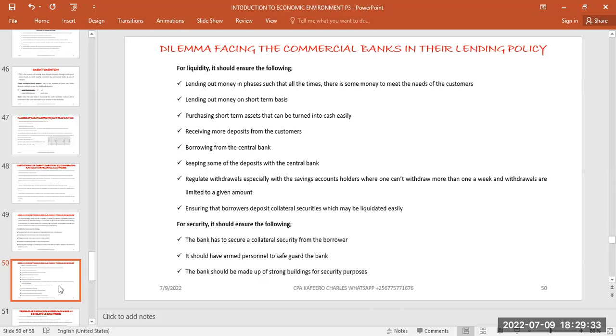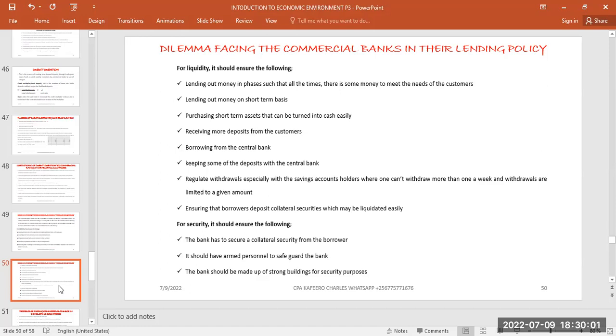So what you have to do, first of all, is have a very strong internal control system within, one that can detect everything that may happen within. Having catered for the people who are within, then you have to have armed people to keep the building safe, or the bank premises safe.